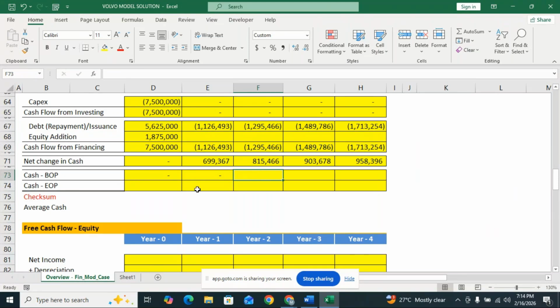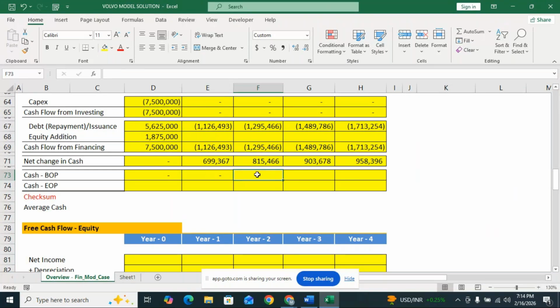So how do you compute it? Now for year 0 it is 0. Now for year 1, what happens? It is a sum of this. Again here also it is nil, here also it is nil, so it will be 0.